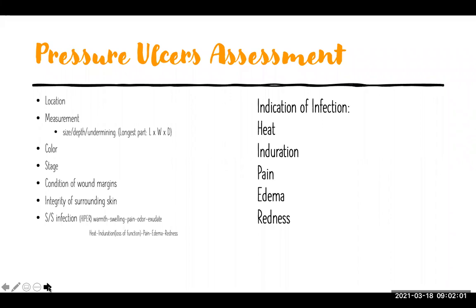That's just a collection of fluid underneath the fat tissue of the skin. It feels kind of boggy, but hard in a sense. So you would look for areas of induration also with the signs and symptoms of infection. So heat, induration, pain, edema, and redness are your classic signs of infection that we're going to look for.